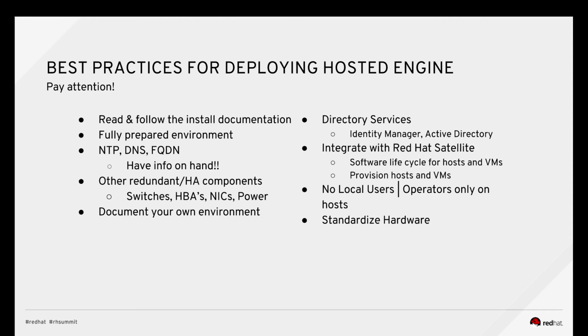There is a separate install document for hosted engine as compared to the regular standard deployment for RHV. You want to make sure that you go through that. Look at the requirements for the Red Hat Virtualization host deployment versus the RHEL deployment, and then just skim through the rest of the information. There is good information there. Do not skip that step.